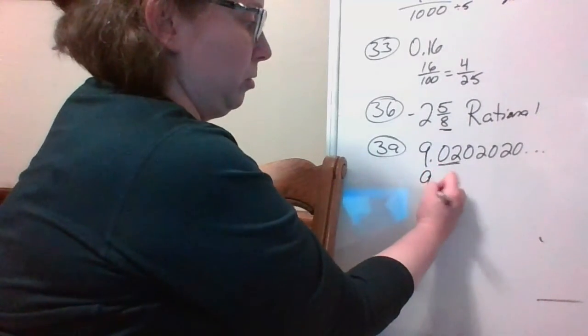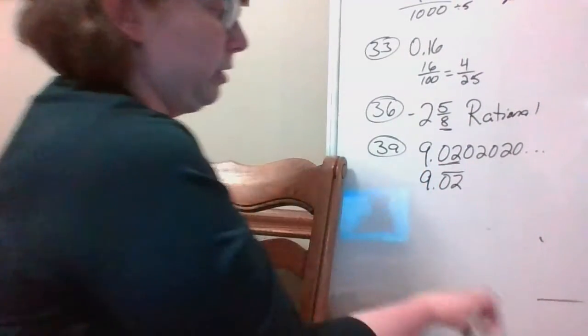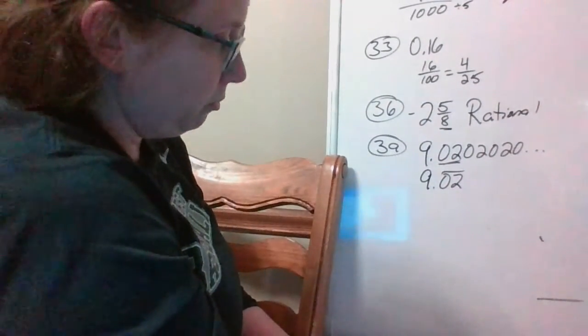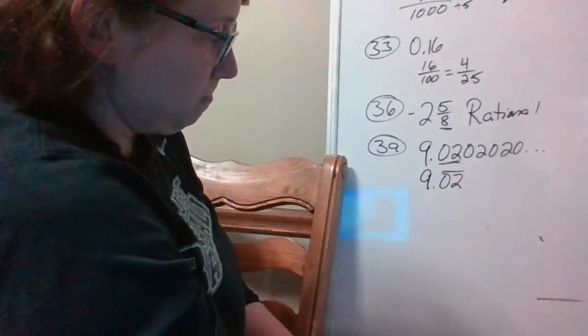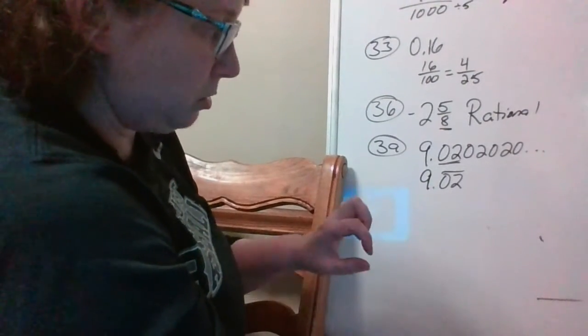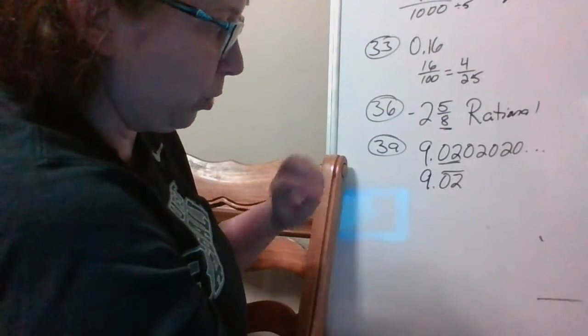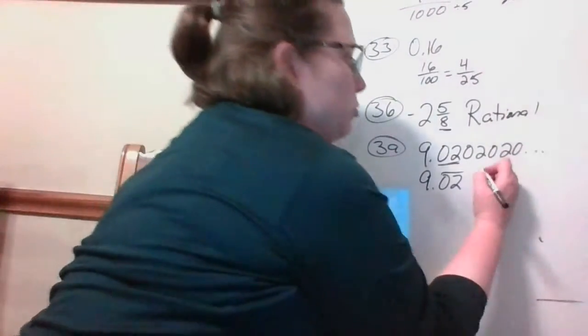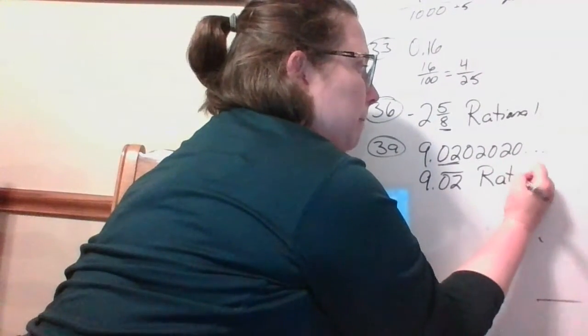Our repeating decimal could be written like this, 9 and 2/200ths with a repeating period of the 0, 2. Because it is a repeating decimal, we can say that that can be written as a fraction, which means that this is a rational number.